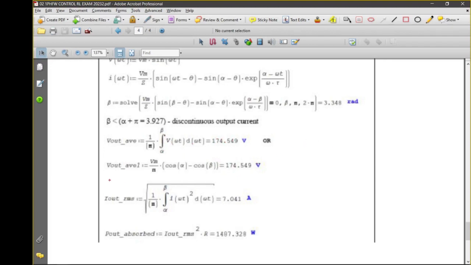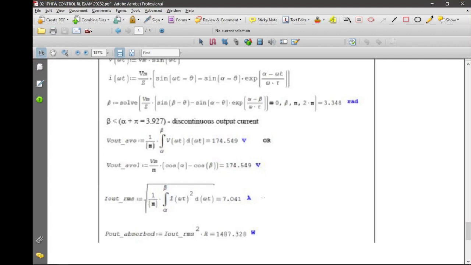Or else, from the notes, you have this equation. If you remember it, just use it, but if not, just use a calculator, but write the actual general equation, alpha to beta and the rest, and you get that answer, 174.59.